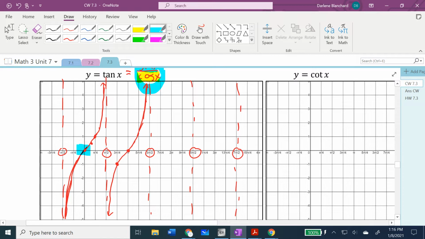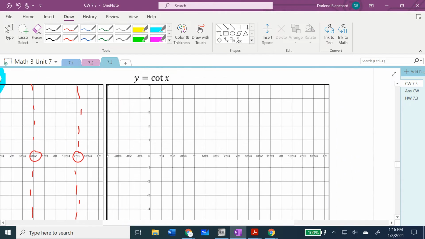Tangent is not flat in its center. And x cubed also doesn't follow asymptotes, and it's just one single graph. But if it helps you to remember what it looks like, you can think of it as being similar to x cubed.